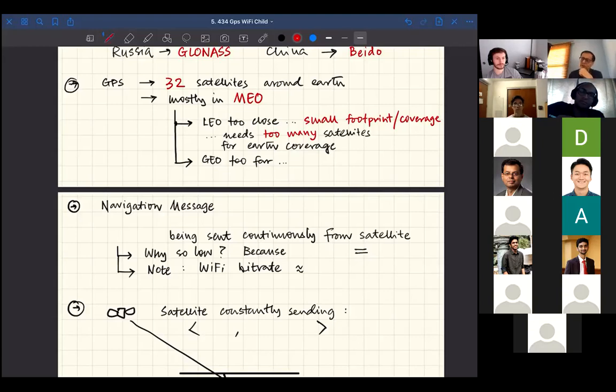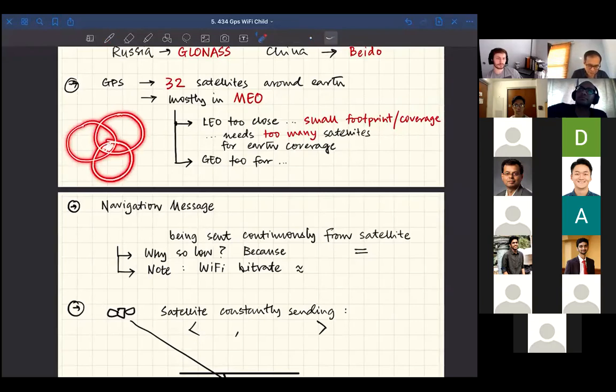Actually, I see your line of thinking. That's good, but it may not actually affect resolution. We are not going to solve the problem by Venn diagrams, where multiple satellites have coverage areas and you are in this region. We will not solve it like that. If you solved it like that, then you would have coverage resolution issues. But we are going to solve it in a different way that we call trilateration.